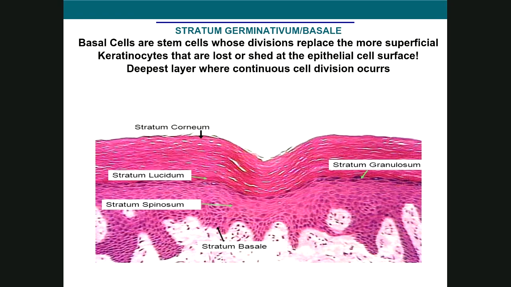So let's talk about each layer in a little more detail. We've got the stratum germinativum, or the basale, which would be this bottom layer right here. If we're looking at a histological slide of stratified squamous epithelium, that is that one layer thick region on the bottom. It's the deepest layer of the epidermis.